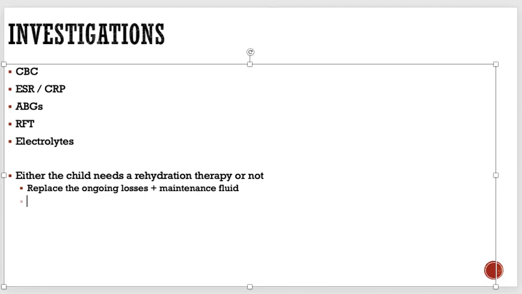The first thing is to replace the ongoing losses, and the second thing is to give them the maintenance fluid. Okay, so whatever the case, the first decision is number one, whether the baby needs rehydration therapy or not.